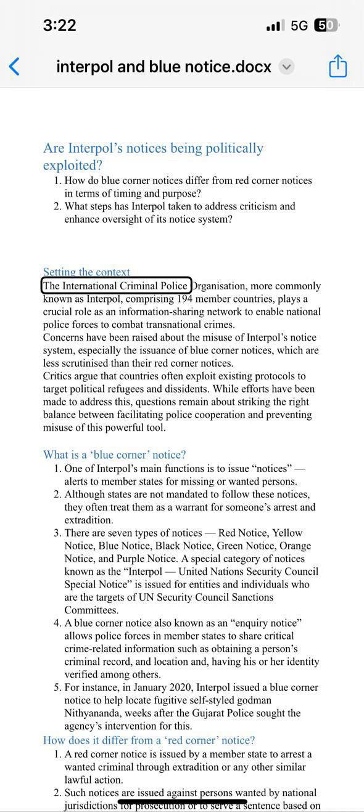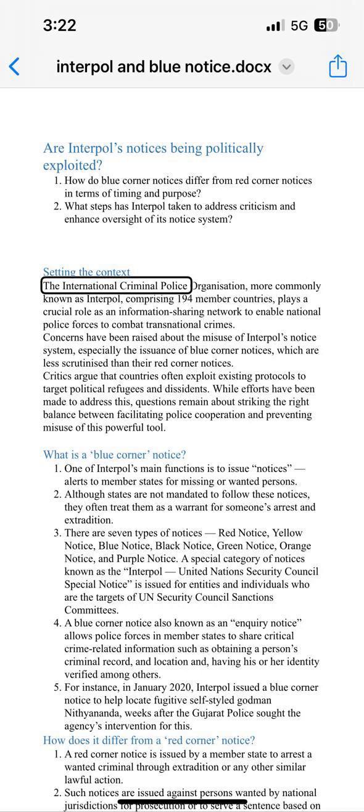That notice is called the blue color notice. Now the point is that the blue color notice tells you that the culprit is not yet booked under the law. That means there is no criminal charge filed against the culprit, but the information is being sought to find out the culprit. Then the legal proceedings will follow.